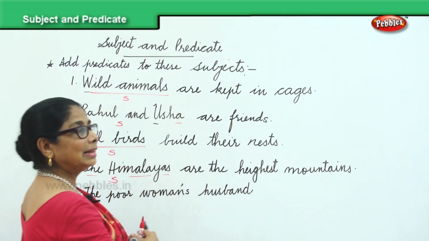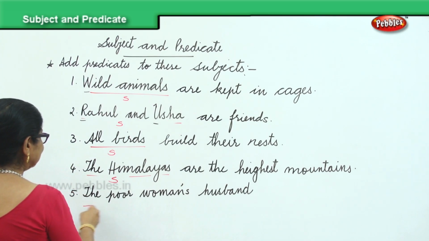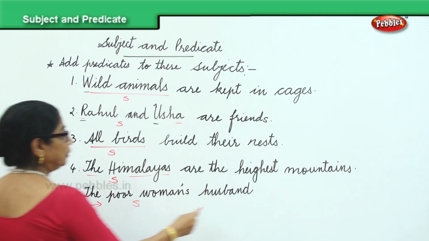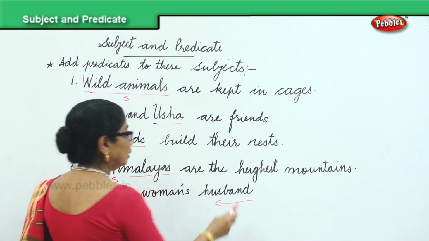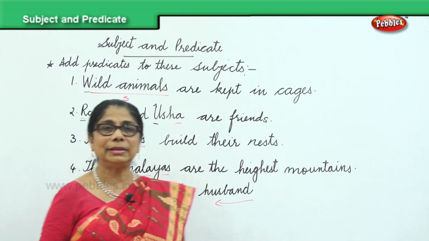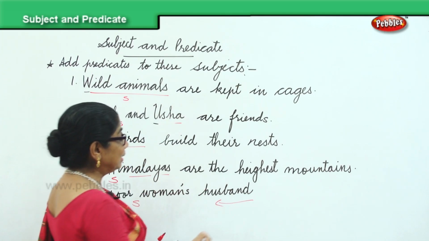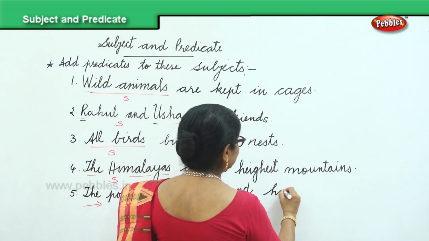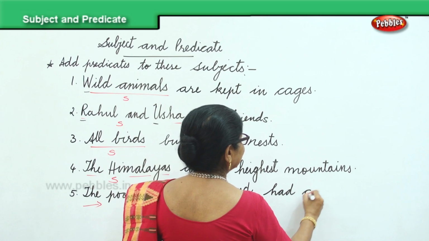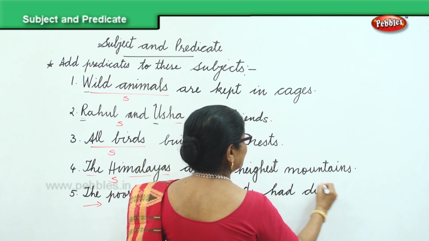That is the poor woman, this is the subject I am giving you. The poor woman's husband. Now you supply the predicate. The poor woman's husband had died. End with the full stop.